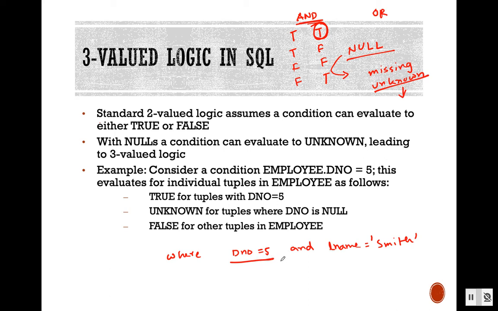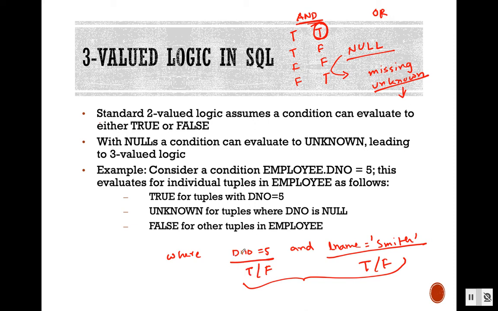Each condition will be evaluated to either true or false. Dno equals 5 will be evaluated to true or false, and the Lname condition will be evaluated to either true or false. Then finally we find the value for the two conditions with an AND operation. We are familiar with this standard two valued logic, where the value can be either true or false.